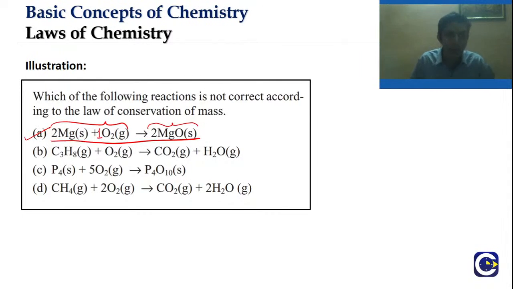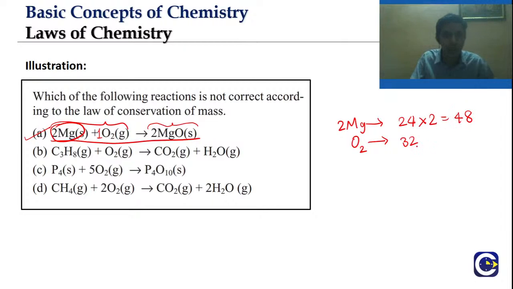Since magnesium and oxygen O2 are combining, I'll consider atomic mass of magnesium, which is 24, and molecular mass of oxygen, which is 32. With two atoms of magnesium, 2 into 24 is 48, so 48 plus 32 is 80.